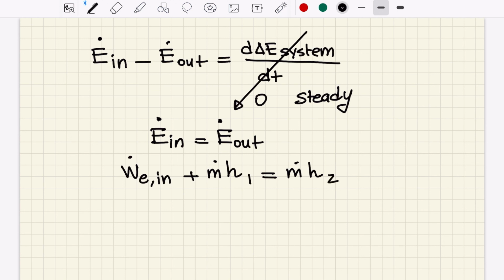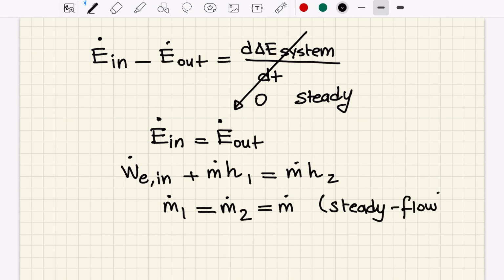When I say subscript 1 and 2, that means 1 is inlet, the 2 is exit, first of all. Second is there is a 1 inlet, 1 exit here, okay? Therefore, there is one constant mass flow rate going on throughout the system, because the inlet mass flow rate has to be equal to the exit mass flow rate in a steady flow device.